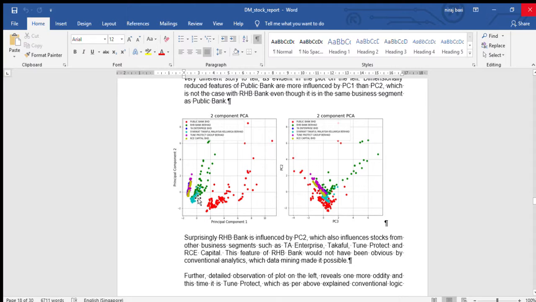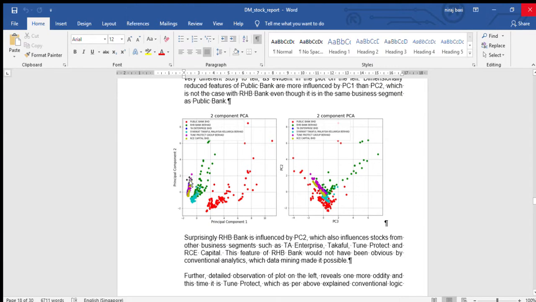But that's the beauty of data mining, that by simple pattern discovery like this, doing the principal component analysis, we can break the conventional logic and say that banks do not always go with banks. Banks can be combined with groups of different stocks.